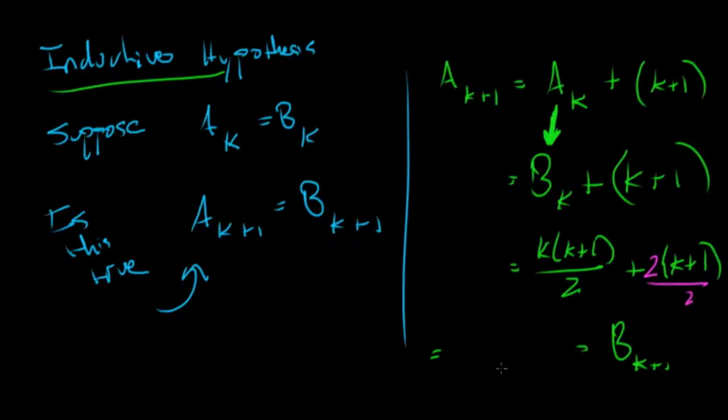We're going to factor out a k plus 1, and we'll be left with k plus 2. And this is B sub k plus 1: k plus 1 times the following integer k plus 2, all divided by 2. This is B sub k plus 1.